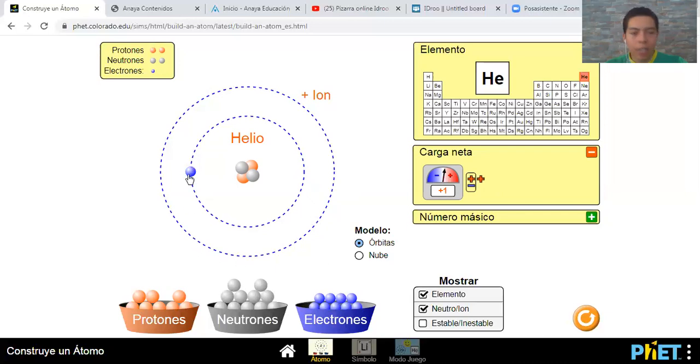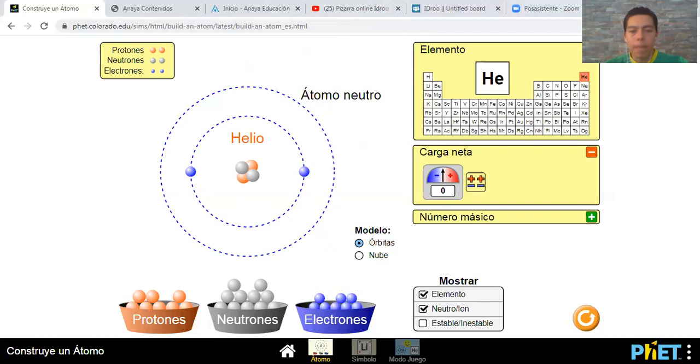Because the electric charge from this electron is in equilibrium with the electric charge of this one, but I have 1 proton more. So that's why over here, the net charge is positive. If I put back the electron that I removed previously, you're going to see that now the atom is electrically neutral one more time.